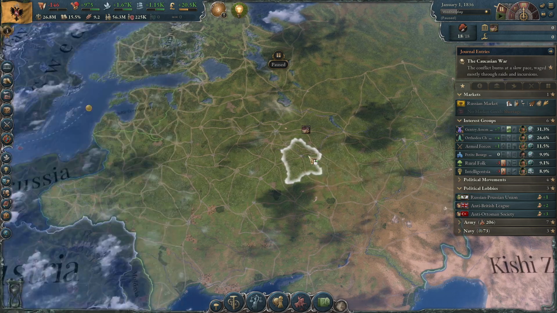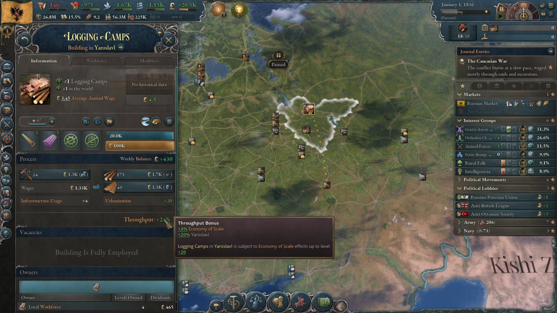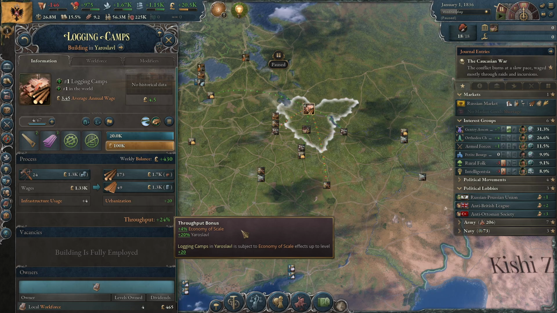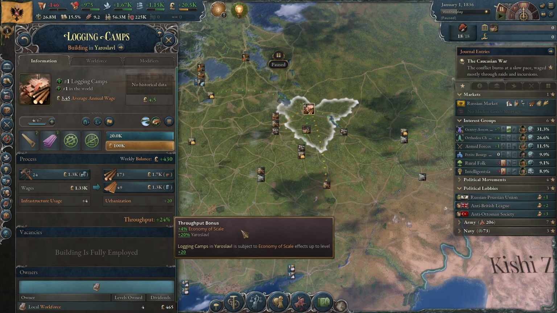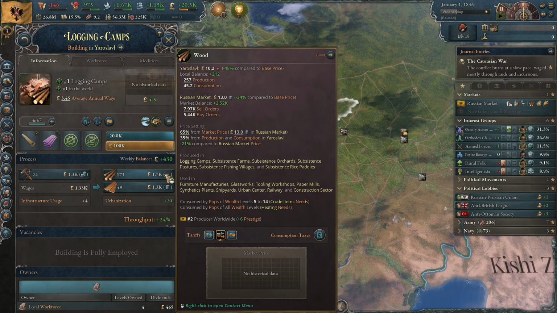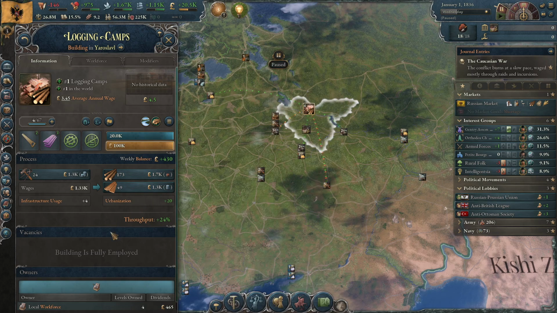And with that, we're now going to go over a bit about throughput that we mentioned a few times before. This modifier decides how much the business is producing extra relative to its level. So at 24% throughput in the logging camp, that means it is using 24% more inputs, so 24% more tools, but it's producing 24% more wood and hardwood at the same level without employing more people.